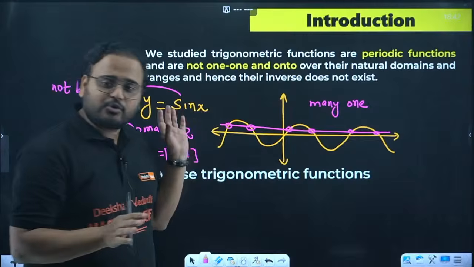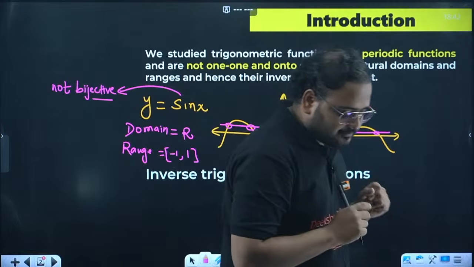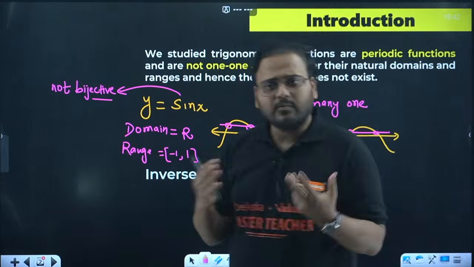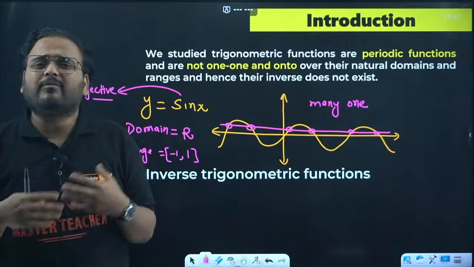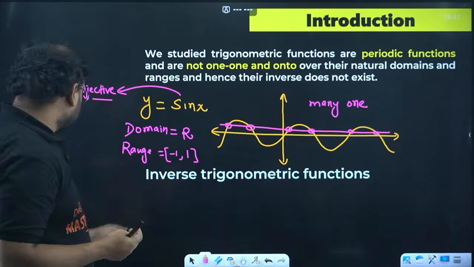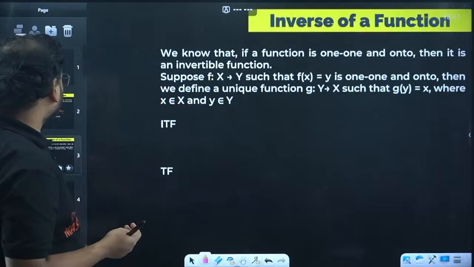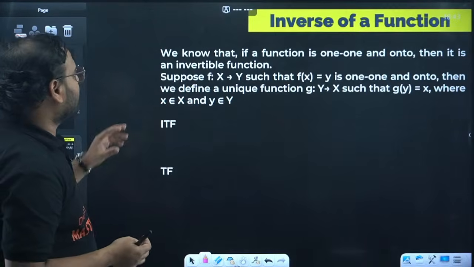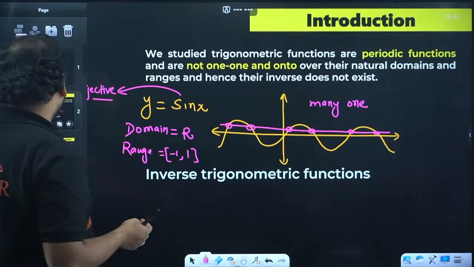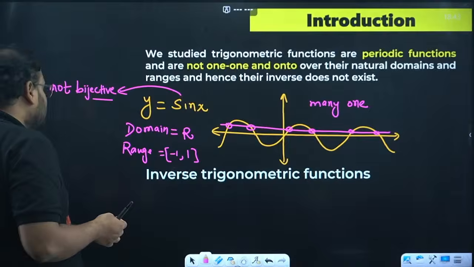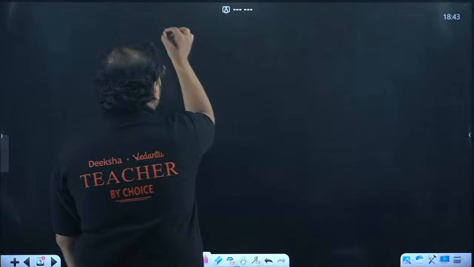It means something should be done over here to make it invertible. And what will that be? There comes a concept which is called restriction of domain. We have to make the function invertible.